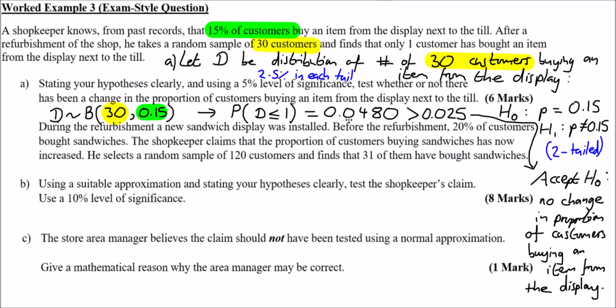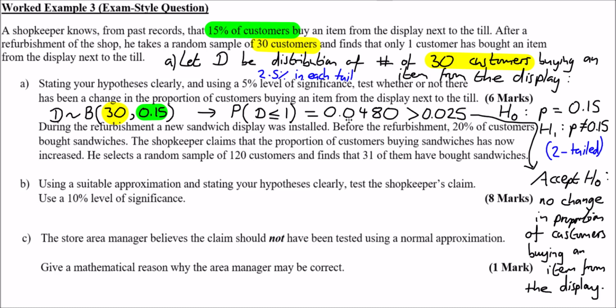He selects a random sample of 120 customers and finds that 31 of them have bought sandwiches. So we need to use a suitable approximation and state the hypothesis clearly, test the shopkeeper's claim, using a 10% level of significance.